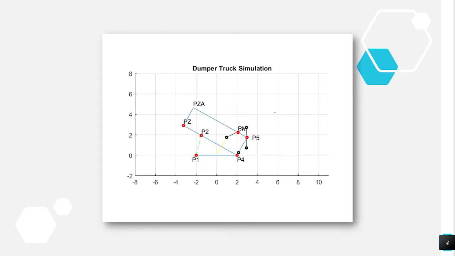Here in the second diagram, it is showing that when the truck is about to dump something, this length is L as mentioned earlier. P1 P2 is the actuator. This is angle beta.